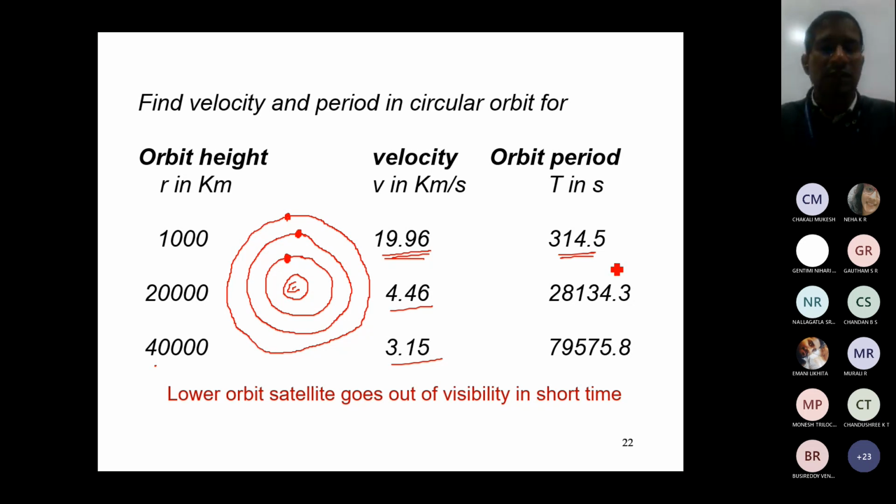That is approximately 5 minutes. So in 5 minutes, the satellite at lower Earth orbit completes one rotation. Just imagine how fast they are moving. Whereas satellites at high altitude orbit take around 80,000 seconds to complete one rotation.